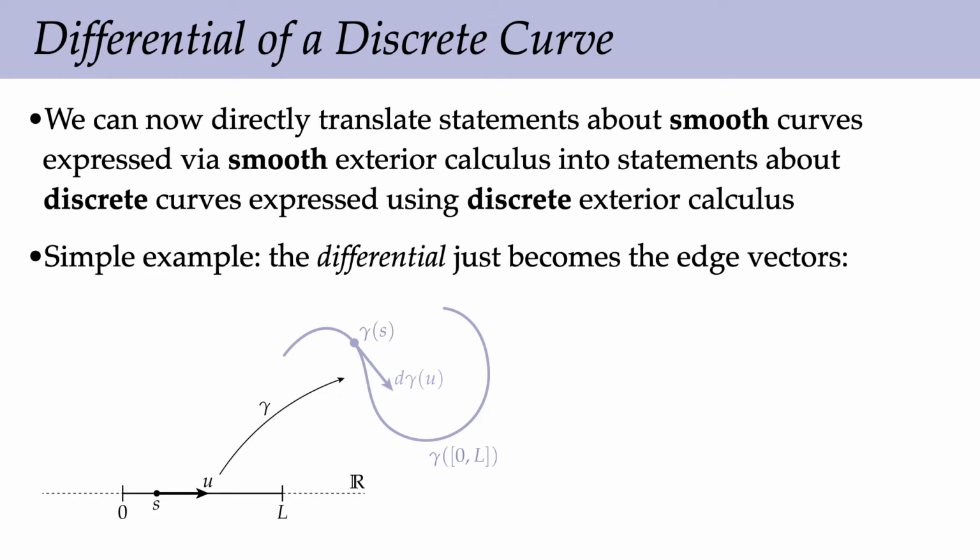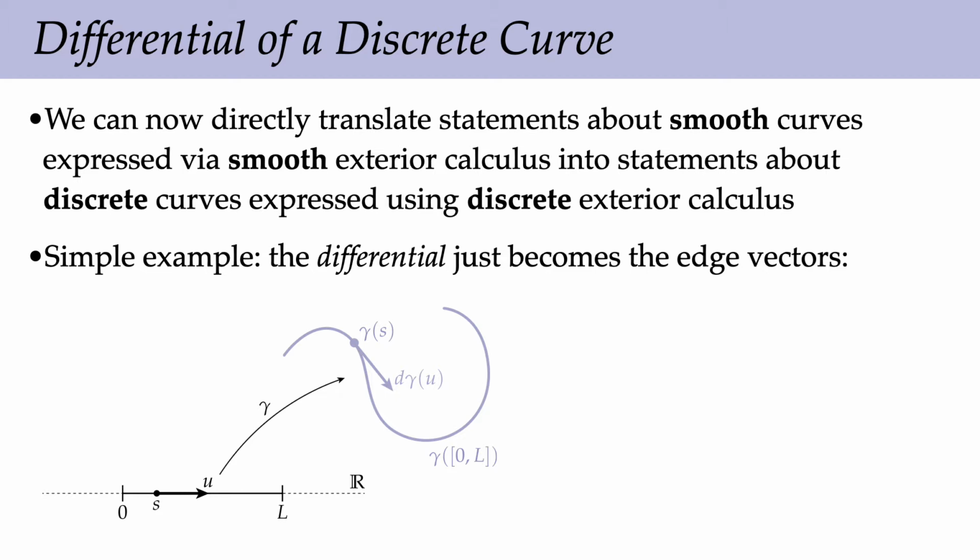The differential of a smooth curve basically says if I have a tangent vector in the domain, right, I have a little arrow that's just pointing along the real axis, it has some magnitude, maybe it points to the right, maybe it points to the left. Then I want to know how does that arrow get stretched out as I bend this interval into the curve in the plane. Okay, so the short black arrow might turn into a slightly longer blue arrow.